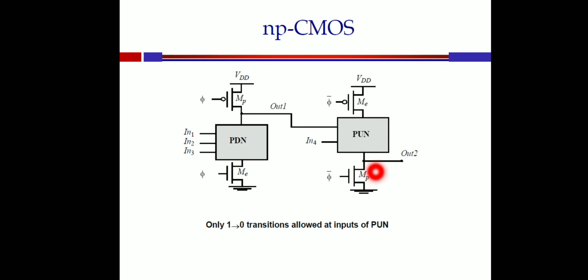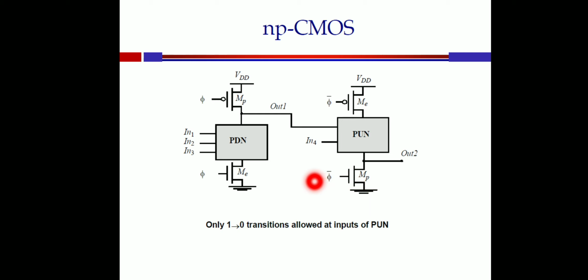And here you have an evaluation transistor which is again N-type. Between this evaluation transistor and the pull-up network, you have the output. So remember, in the first part the output is between the pre-charge transistor and the NMOS block, and here the output is between the PMOS block and the evaluation transistor.